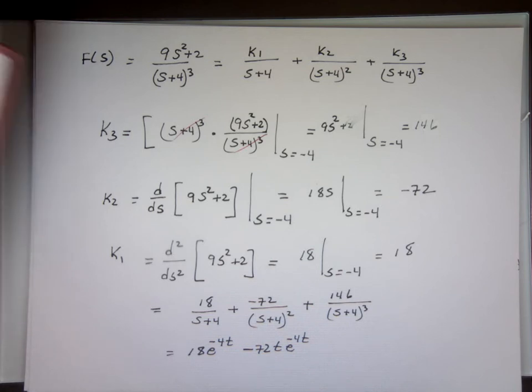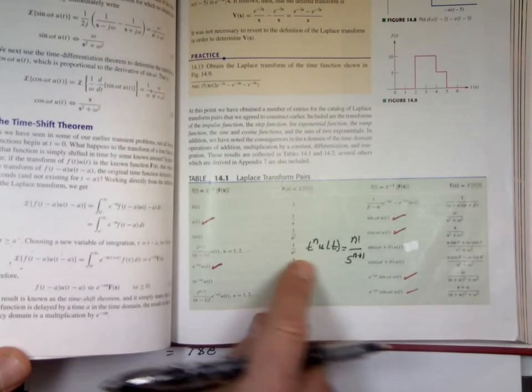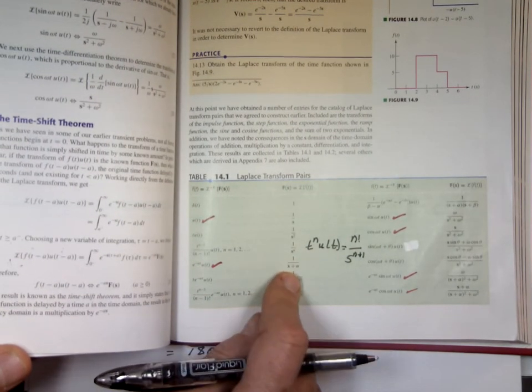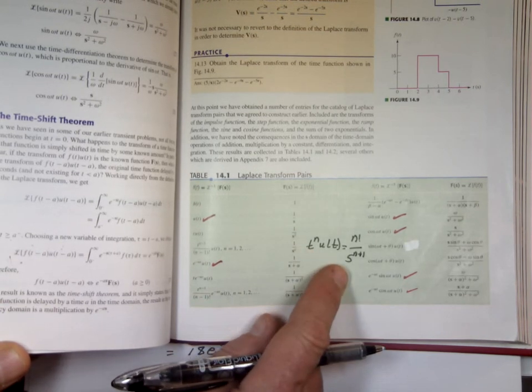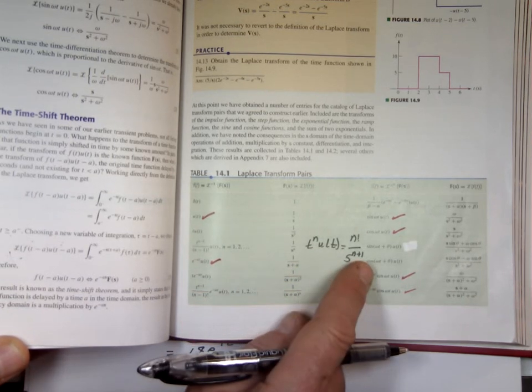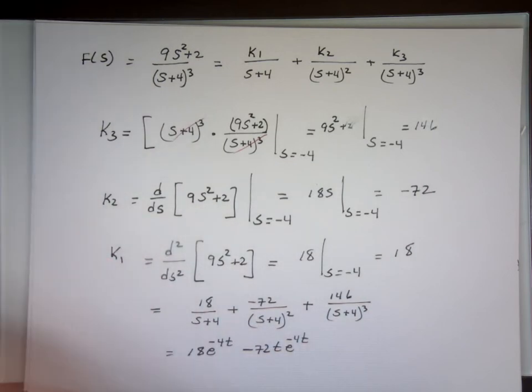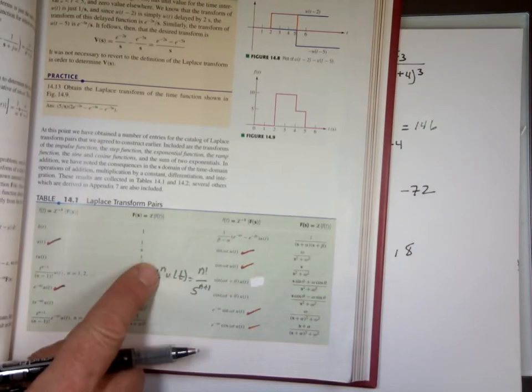You said the derivative when you have t to the n becomes what? S to the n plus 1. So this is a cube. That means actually t squared here, right? When you have n, this is n plus 1. So when you have n plus 1, the original function has 1 less. So if this is cubed, that means that was a t squared.